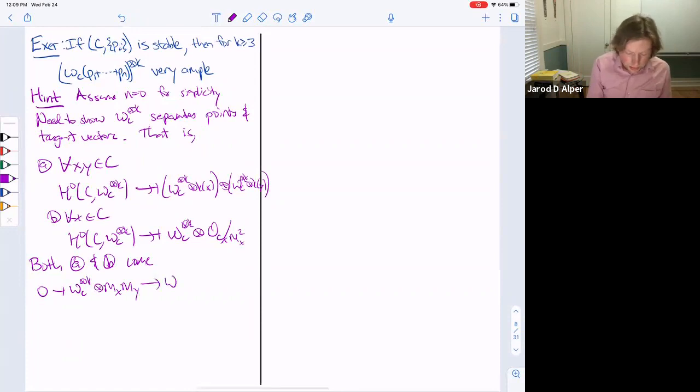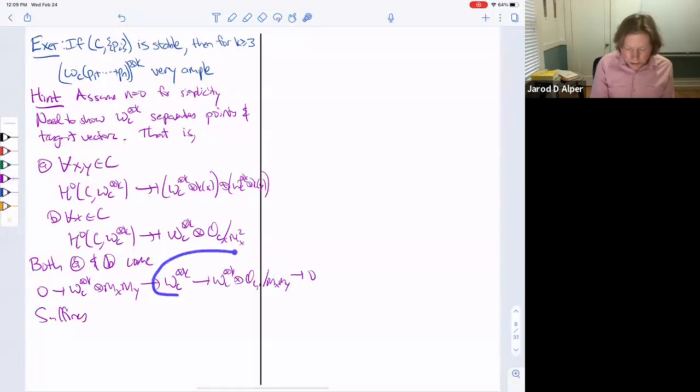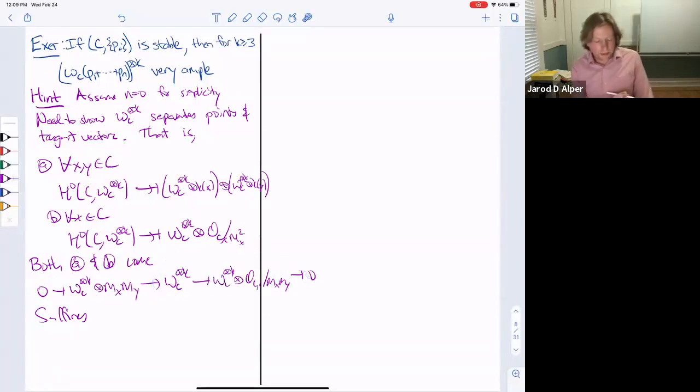And this sits inside this and then maps to the quotient. And A and B come from the global sections of this. So you see that it suffices, right? We need to show that H0 of this is surjective.